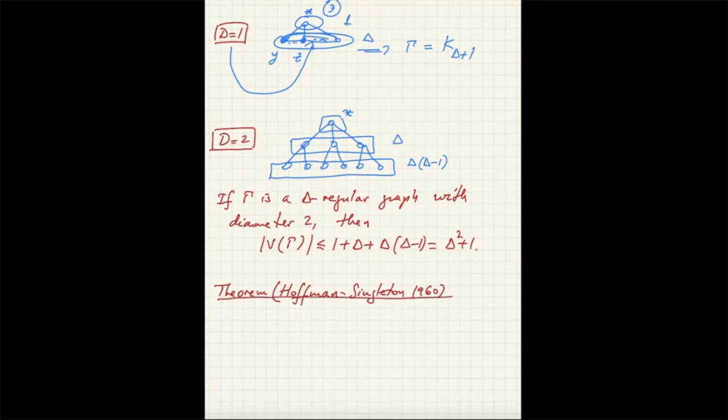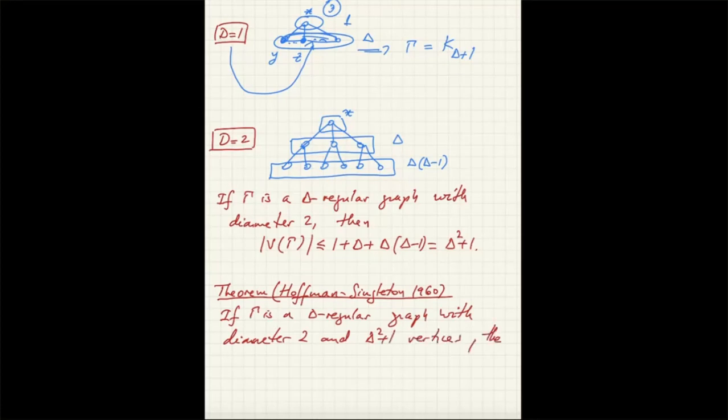It states the following result: if gamma is a delta regular graph with diameter 2 and delta squared plus 1 vertices, so the one attaining equality above, then delta must be 2, 3, 7, or 57.